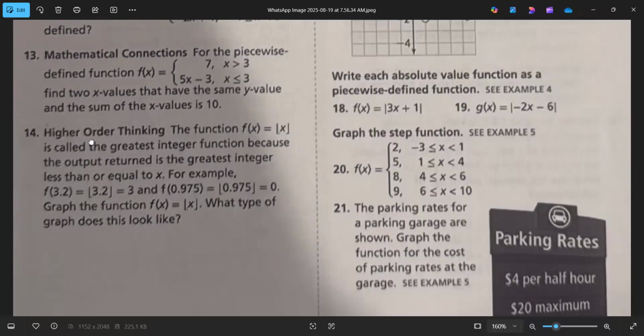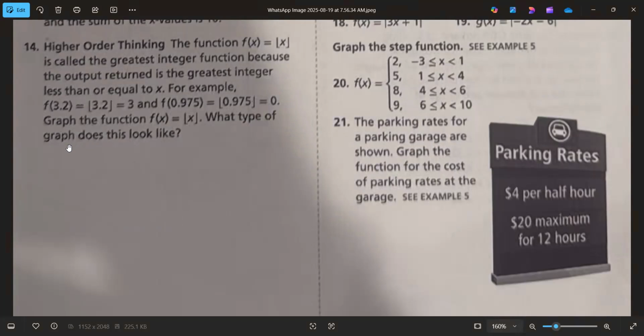Higher order thinking. Wait, is it just asking f of x equals mod x? Not mod x.